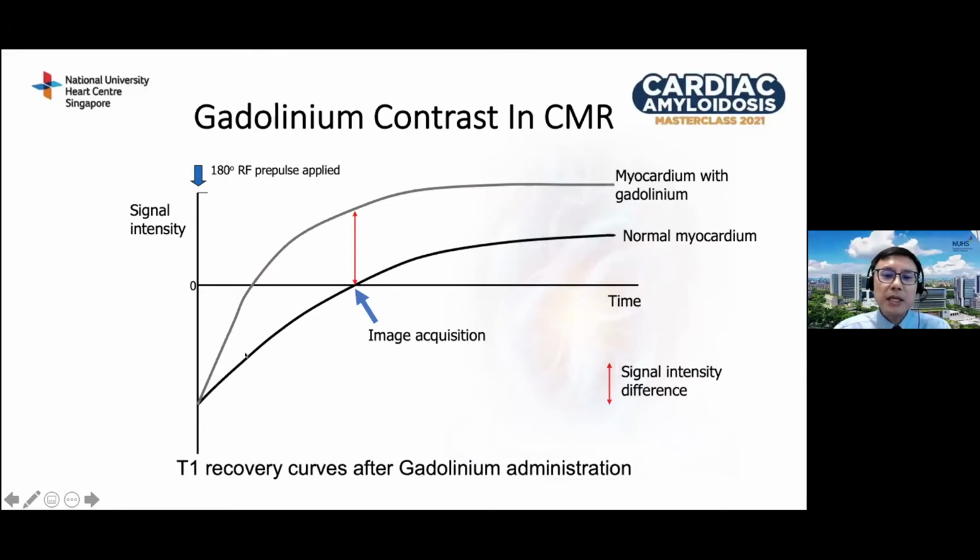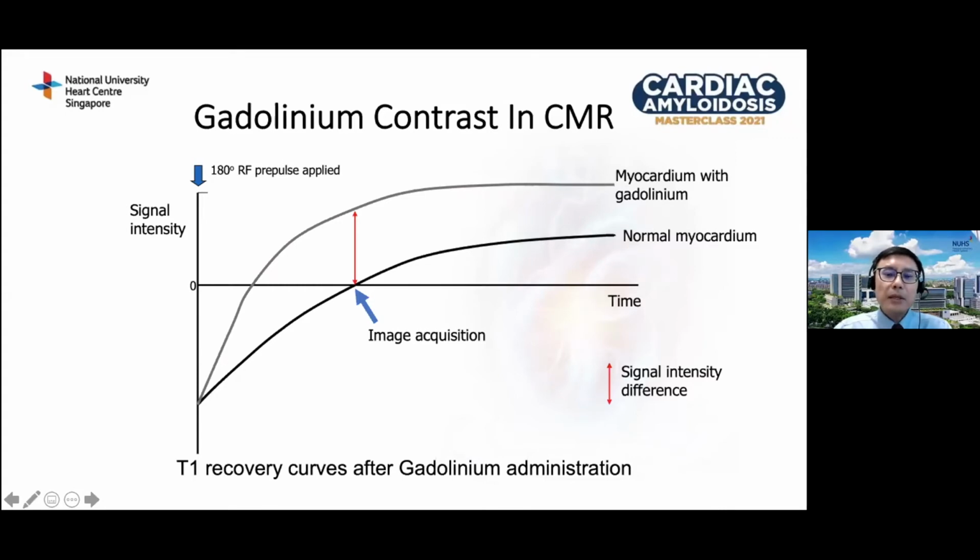Assuming that the black curve here is that of normal myocardium, myocardium that has gadolinium will recover faster, all right? So if you image at this point in time when the normal myocardium curve crosses what we call the null point, right? You can see that there is a signal intensity difference between the myocardium with gadolinium compared to the normal myocardium. And this allows us to visualize the myocardium that has accumulated gadolinium, okay?